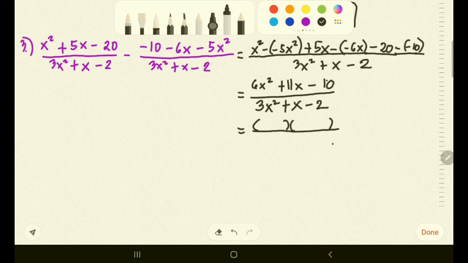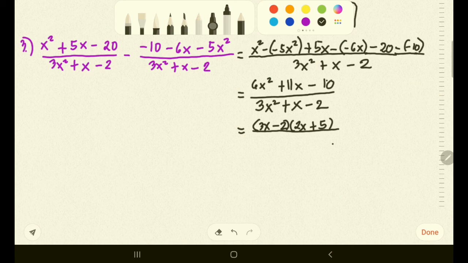This is tricky since 6x squared has many factors partnered with negative 10. But if you do trial and error, class, you come up with these factors, 3x and 2x. And then look for factors of negative 10 so that you could get 11x. So you could have 5 and negative 2.